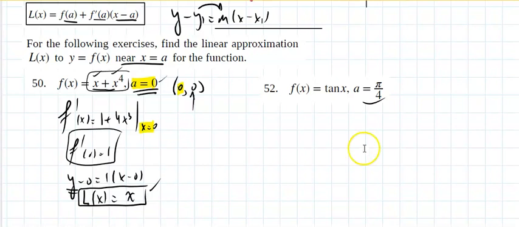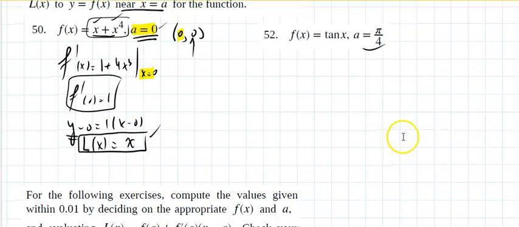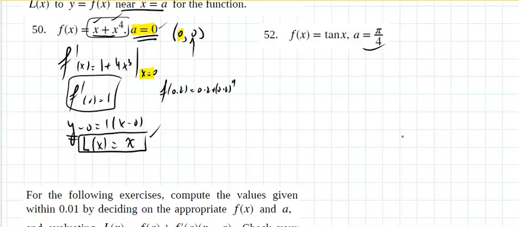So around 0, instead of using this, you could just use x. If they say, hey, tell me what is f of 0.2. Well, instead of saying that is 0.2 plus 0.2 to the fourth, figure this out. L of 0.2 is simply 0.2.